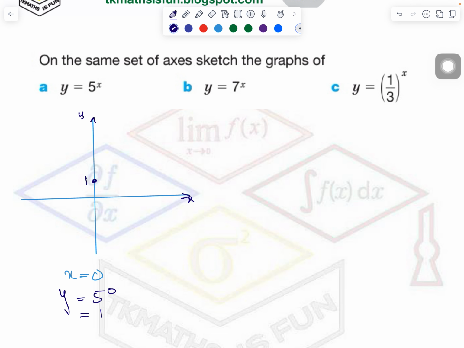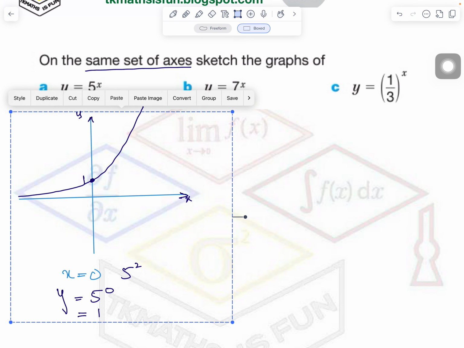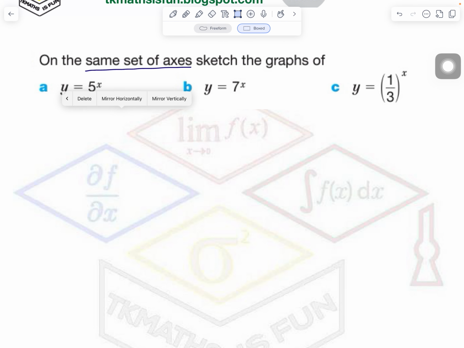And the shape I already know, because if I increase the power of x like 2, 3, 4, the answer will be very big. So this side the graph will be like this, and this side it will go towards the x-axis, but it will never touch it. And the question is saying on the same set of axes I have to draw all these. So let me draw it a little bigger here, because I have to draw all three of them on the same grid. So let's see here.